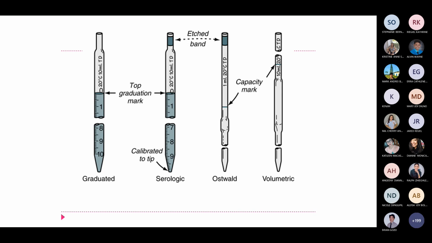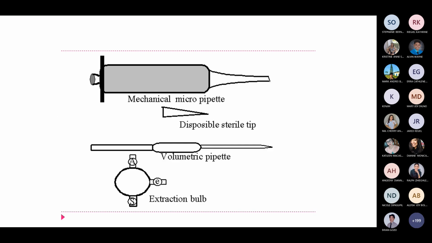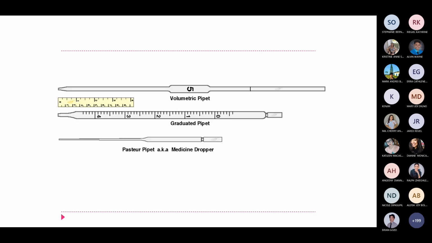Pero sino yung isang hindi umabot sa dulo ang graduation? Si Mohr pipette. Okay. Another samples of pipettes. Okay, and si Pasteur pipette, or also known as medicine dropper.